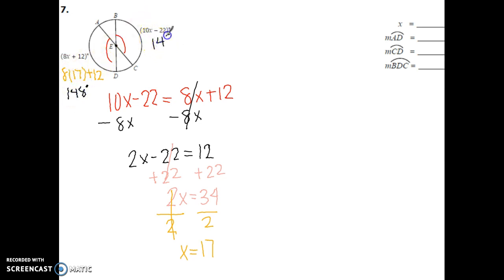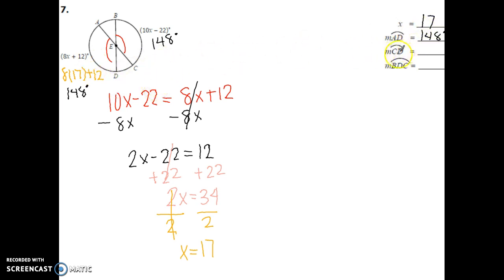This over here will also be 148. So get the vertical angles, set them up equal to each other, find x, plug x back in, and you have some measures now. So x here ended up being 17. AD ended up being 148 degrees.